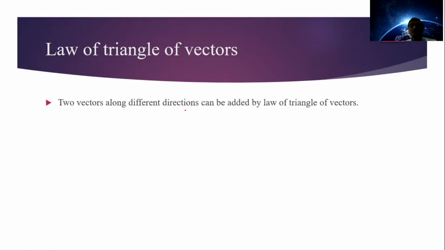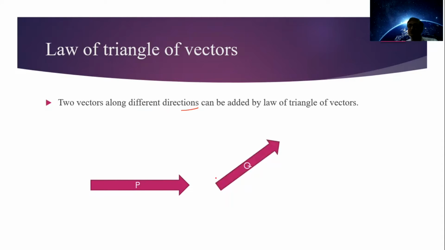Here we can see that two vectors along different directions can be added by the law of triangle of vectors. We consider the vector P and another vector Q. These are in different directions.